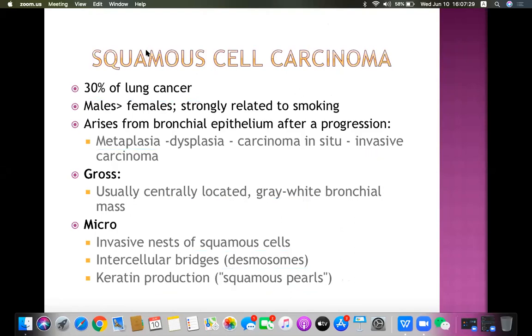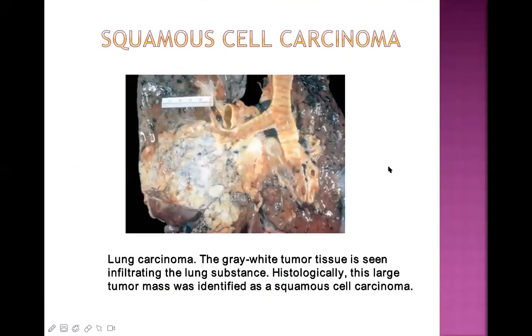Now, before another type after squamous cell carcinoma, let's see the picture first. See here, this is a beautiful picture. Beautiful for us, not so beautiful for the patient, isn't it? This patient has a huge malignancy here, but for a medical student and doctor, we got a very good specimen.